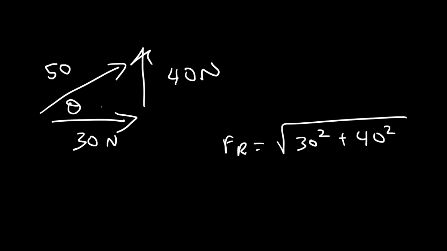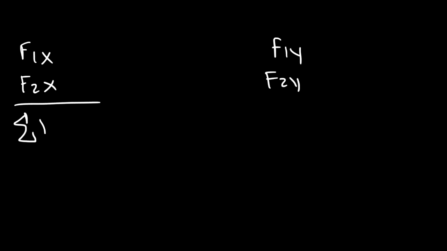Now, whenever you're adding two vectors that are not parallel or perpendicular, then you need to resolve them into components. You need to find all of the x components, as we've done before, and all of the y components. And then find the sum. You want to find the sum of all the x components and the sum of all the y components.